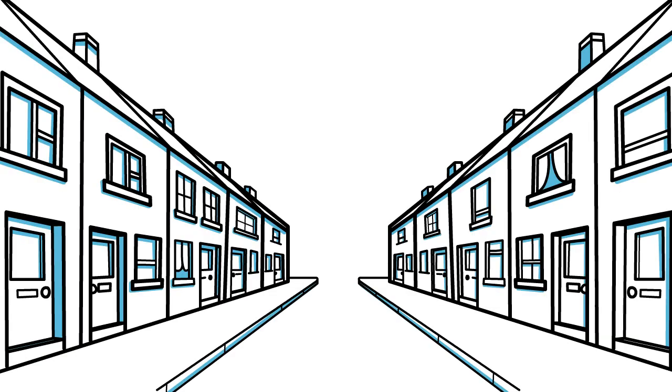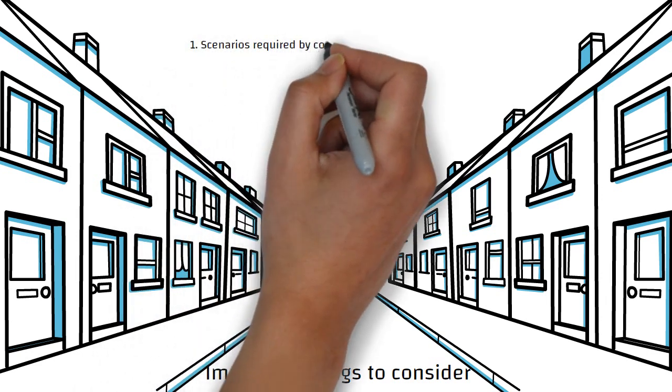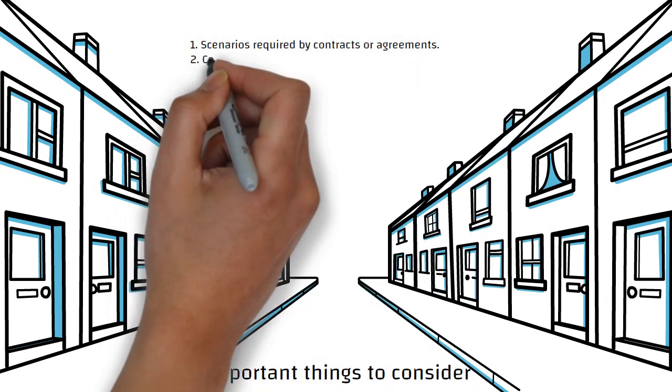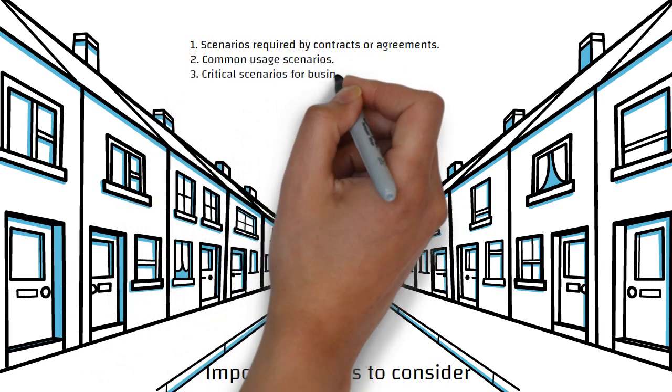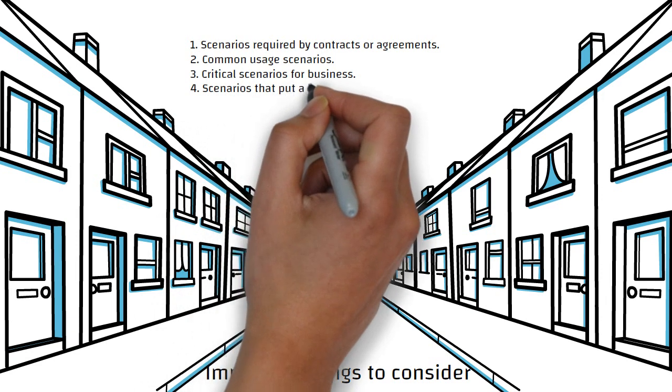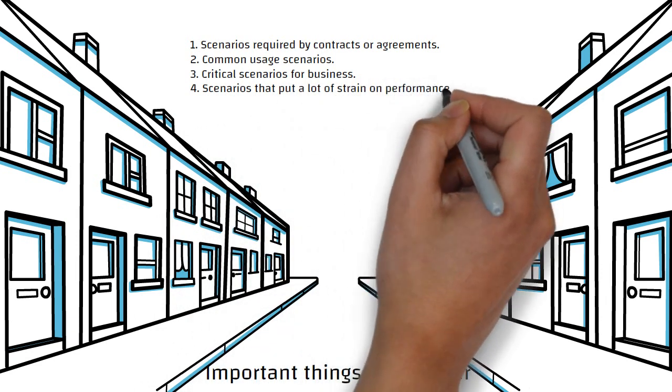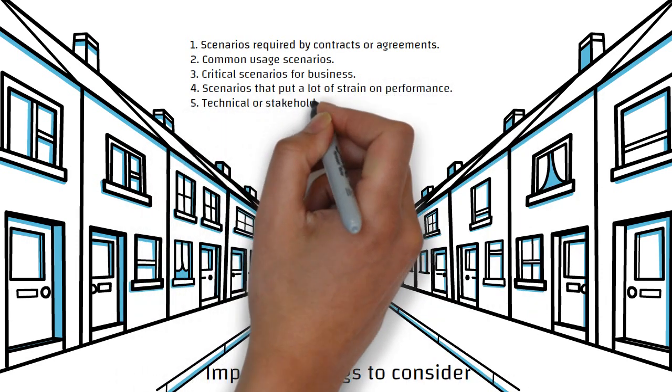Some important things to consider when identifying key scenarios are, first, scenarios required by contracts or agreements. You have to go through the contract and agreement and make sure you are covering all the scenarios that must be part of your testing. And then the common usage scenarios.